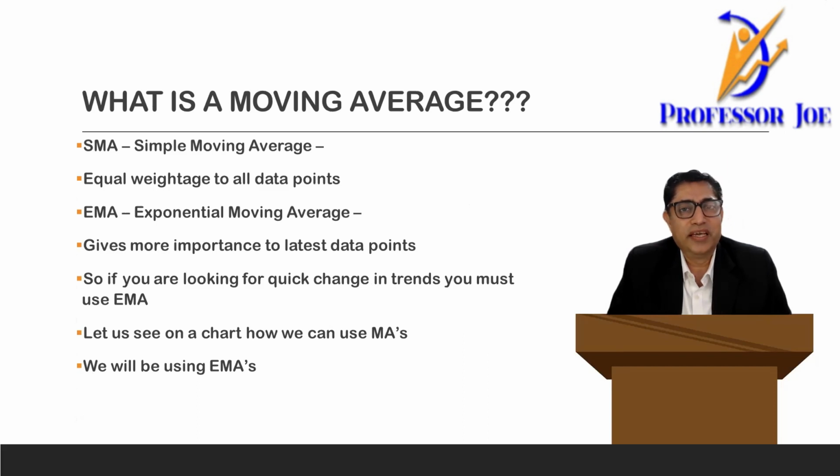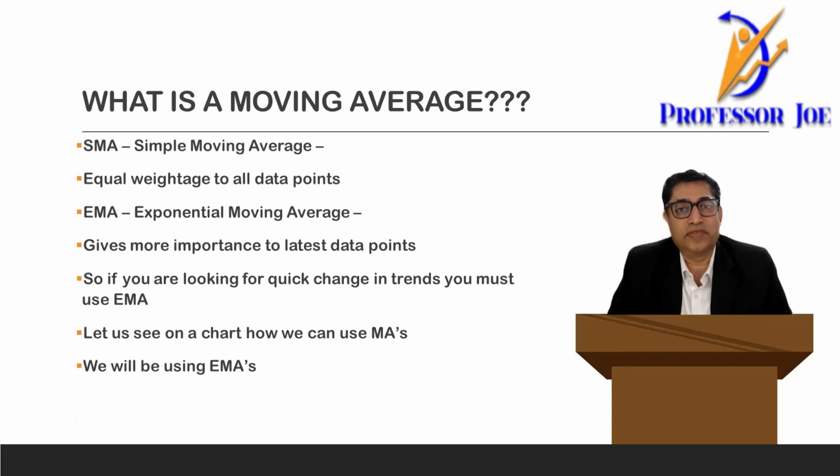SMA gives equal weightage to all the data from the previous candles, whereas EMA gives more weightage to the latest movements, that is, the most recent candles. So if a trader or an investor is purely trading based on moving average, they would prefer an EMA because it is showing the movements of the latest candles.